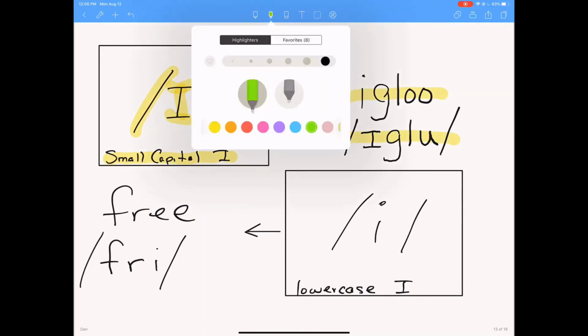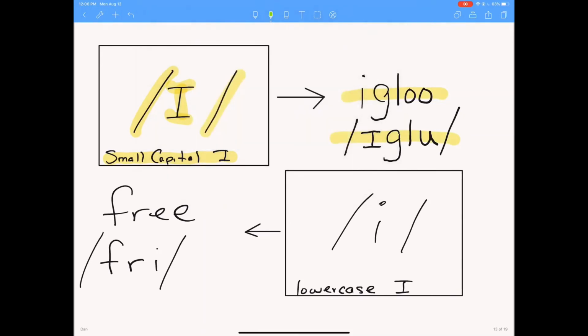Underneath, we have a lowercase i, and the keyword is free, right? So you would think there'd be an E involved there. There is not. The word is F-R, lowercase i phonetically, and that's how you do free.